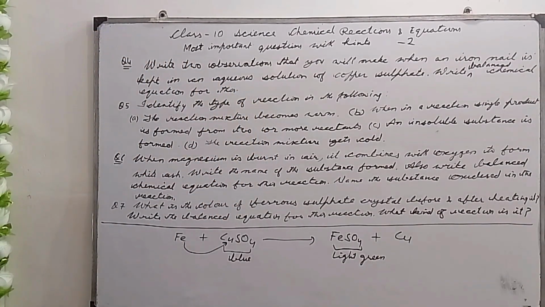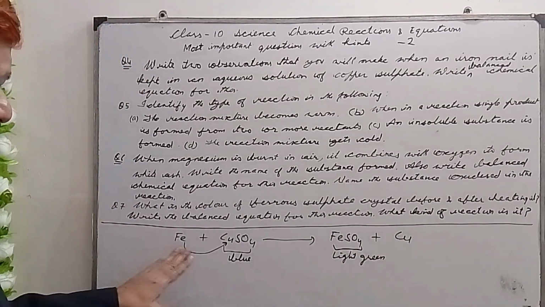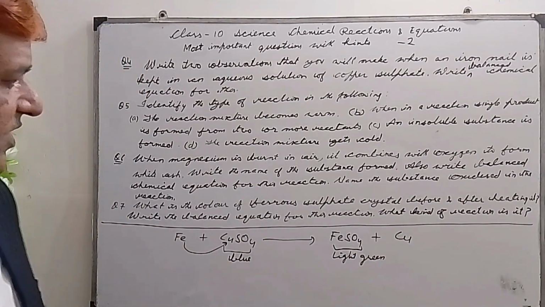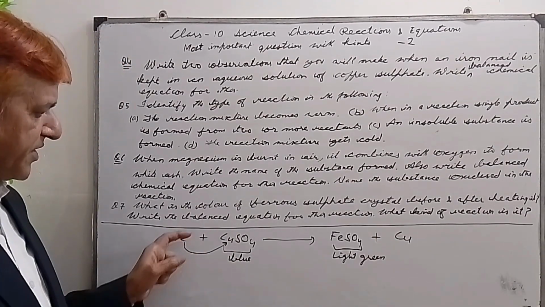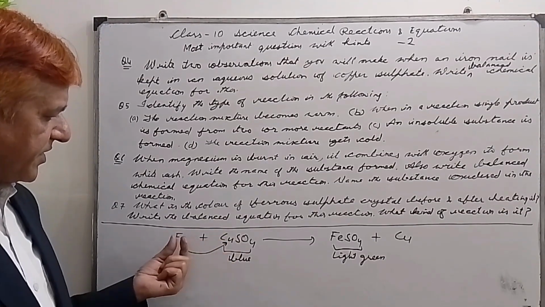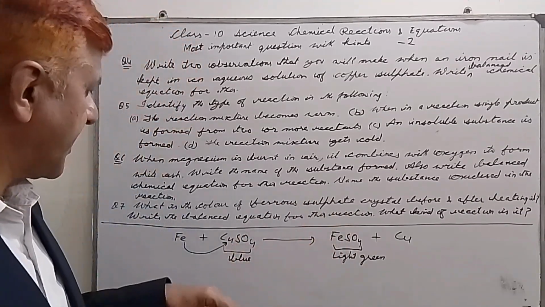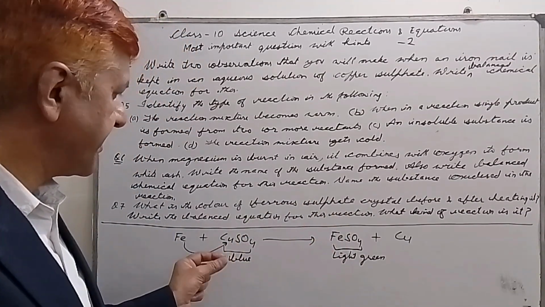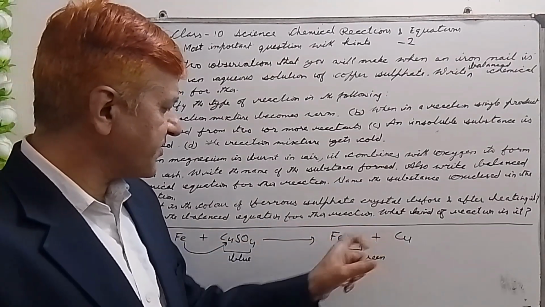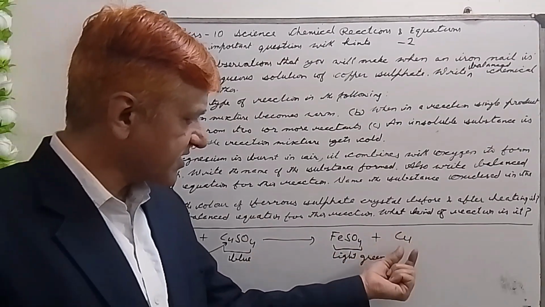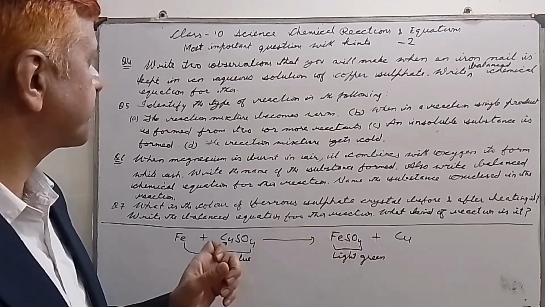So the first observation is that the blue color changes to light green, and the second observation is, what happens in this reaction when you dip a nail of iron in copper sulfate solution, then the nail becomes brown. Why? Because the copper gets settled on the nail. So the second observation is that copper gets settled on the nail.